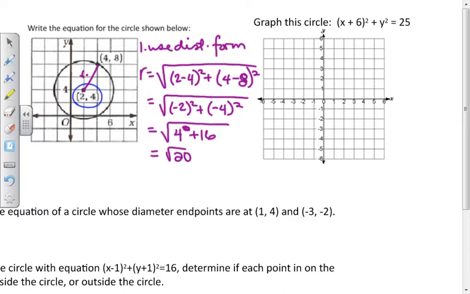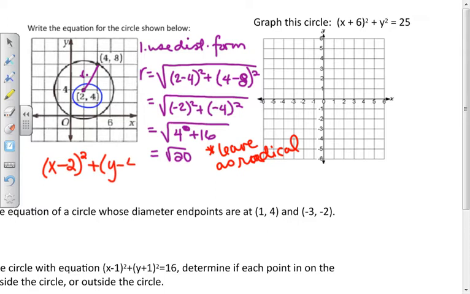Just as a tip, you want to leave this as a radical. And you'll see why in a second. And so now it becomes very simple to come over and say, well, I have x minus 2, the quantity squared, plus y minus my k, which is 4, the quantity squared, is equal to my radius, the square root of 20 squared. And this is why we want to leave it as a radical.